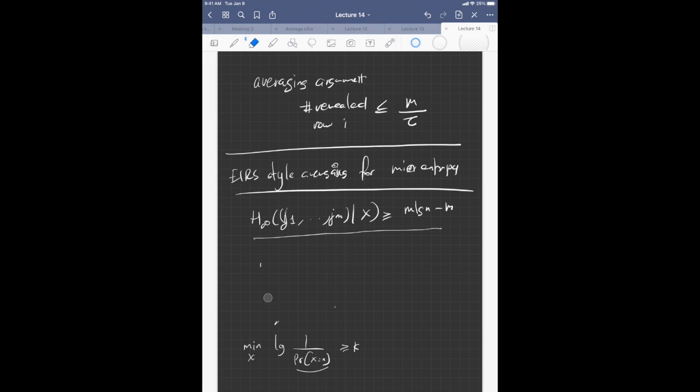We want to say that this loss in min entropy is distributed across the coordinates j1 to jm.